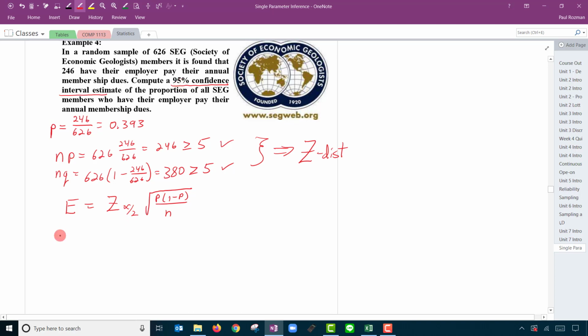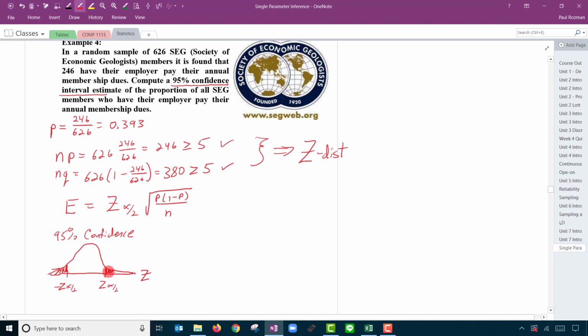In this case, 95% confidence means that our Z score, or critical value, is going to be pretty close to 2, the empirical rule. And if we actually look it up in our table, Z alpha over 2 is on the axis here.